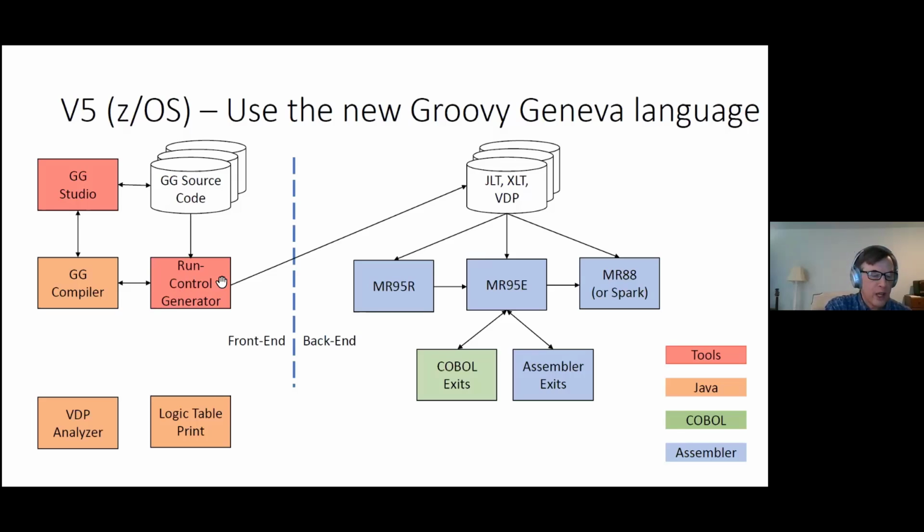There's a tool out there called Gradle, which is an open source tool which is used for building. It's kind of a substitute for BuildForge, or also job scheduling. And we're thinking that if we set this up properly with some scripts, we could use that to read our code, do a compile, and create these run control files, all feeding into the same existing z/OS backend.